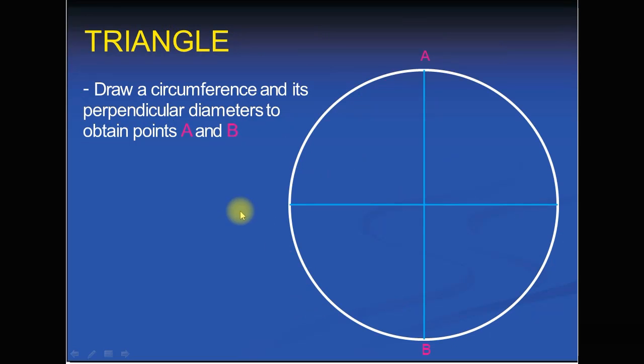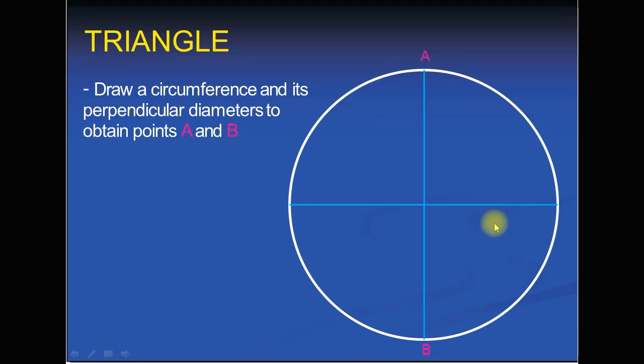Now first of all, to draw a triangle and its steps of construction. First of all, draw the circumference and its perpendicular diameters, like you see here.